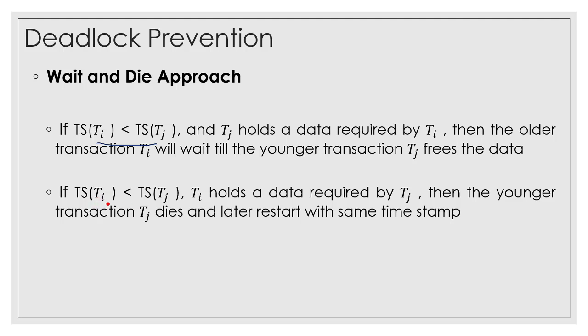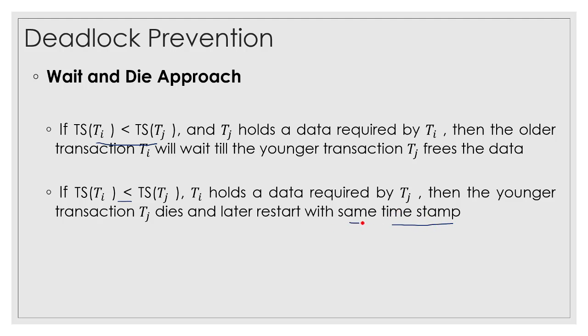Now, if the condition is true and Ti, that is the older transaction, holds the data required by the younger transaction Tj, then the younger transaction Tj dies, and later it will start with the same timestamp.